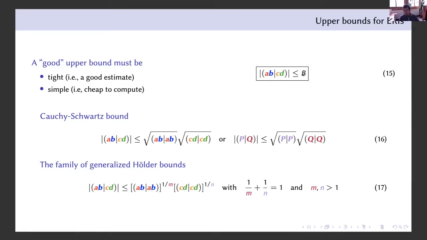If your upper bound is more expensive than the integral itself, it's annoying. I'd prefer to compute my integral than your upper bound. Another useful point is that I need to compute a small number of upper bounds. If I can screen all the integrals with a smaller number of upper bounds, that's even better.